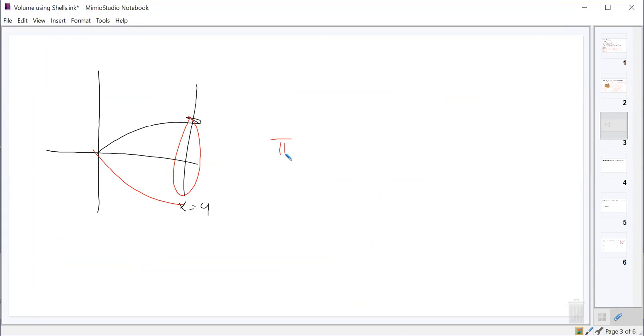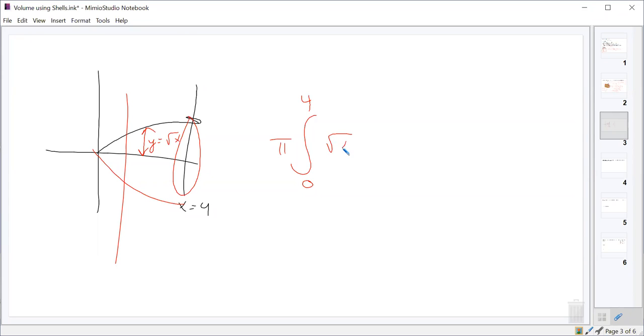We would do pi times the integral from 0 to 4 of the radius. What would the radius be? Y. Just be y, which is root x. And since we're doing this as a disk, we would note that the thickness of each of these slices is dx.